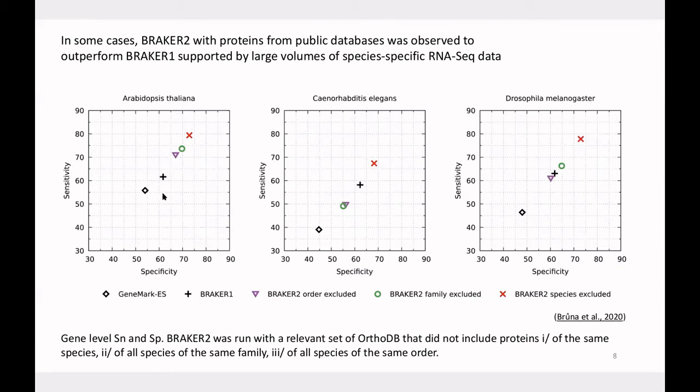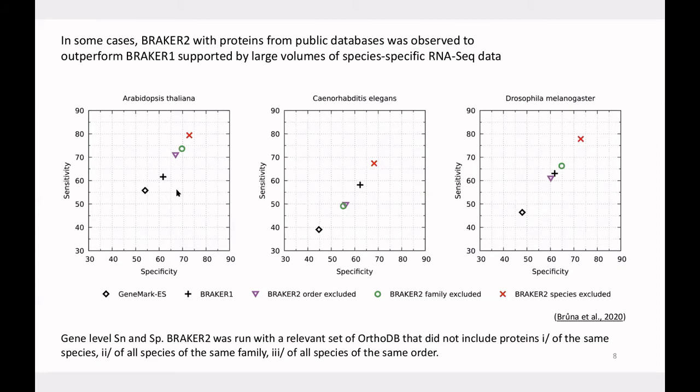This result was kind of surprising to us, and it may imply that the organization of genes in plants is more similar than the organization of genes, let's say, in insects, that proteins here from a different taxonomical order were still enough to help us more than the data from RNA-seq.